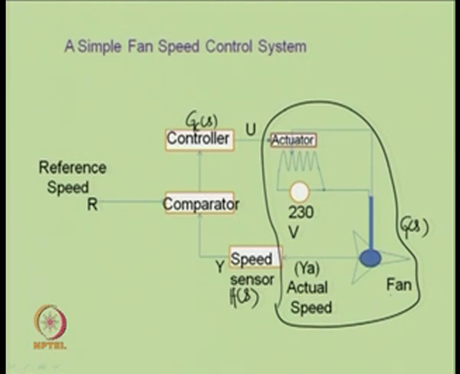When the fan is running, it might be subjected to some disturbances, like when the ventilator of a room is opened, at that time we might get some actions affecting the fan dynamics.